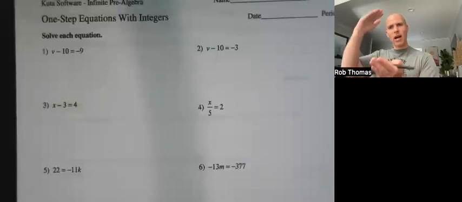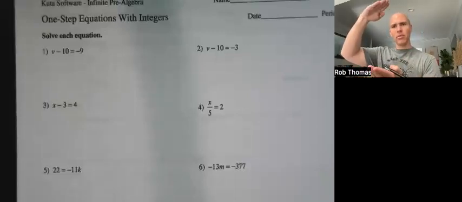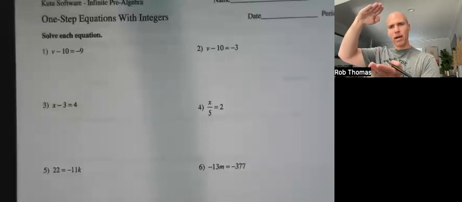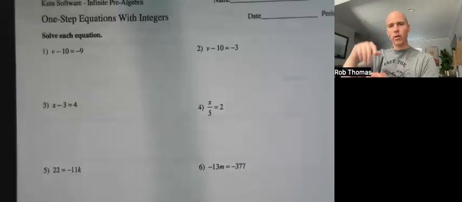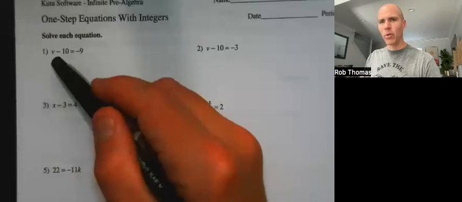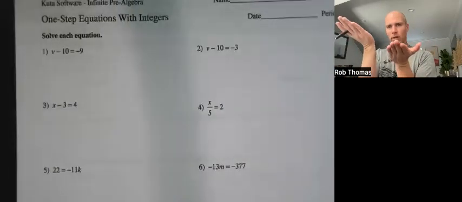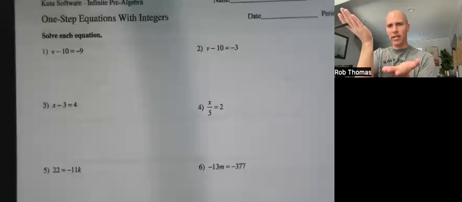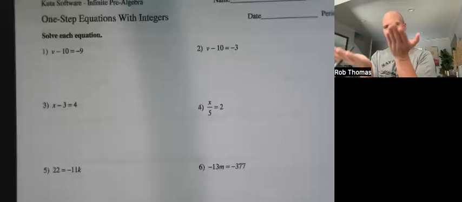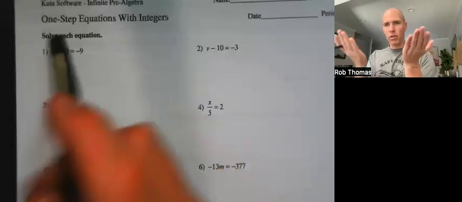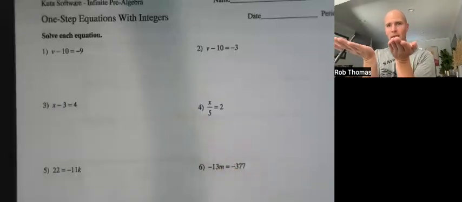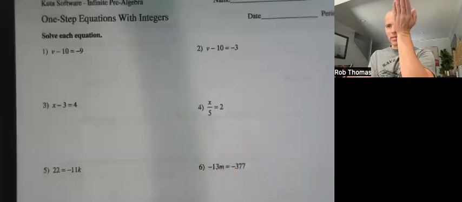But just like with fractions, when you do something to the top of the fraction, you've got to do it to the bottom of the fraction to keep it equivalent as you go across. Equations are the same way. Think of them as balancing scales, those old-timey scales where if you put the heavier stuff in this hand, it goes down, or if you put the heavier stuff in this hand, it goes down. It's the same idea. You need to do the same thing to both sides of that scale so that they don't get all like this.